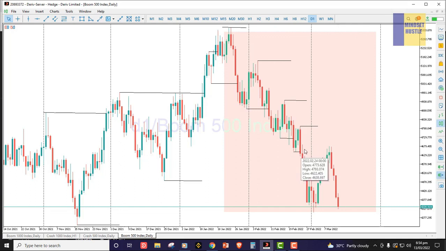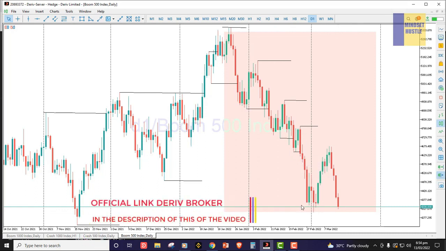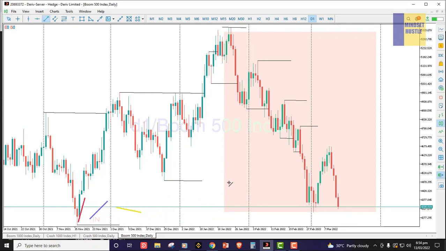So this structure was broken and we created a new low, which is here, the last low. It has not been breached yet. This particular one was the last low before this low, but because a candle body didn't close below it, we use this as our last low.